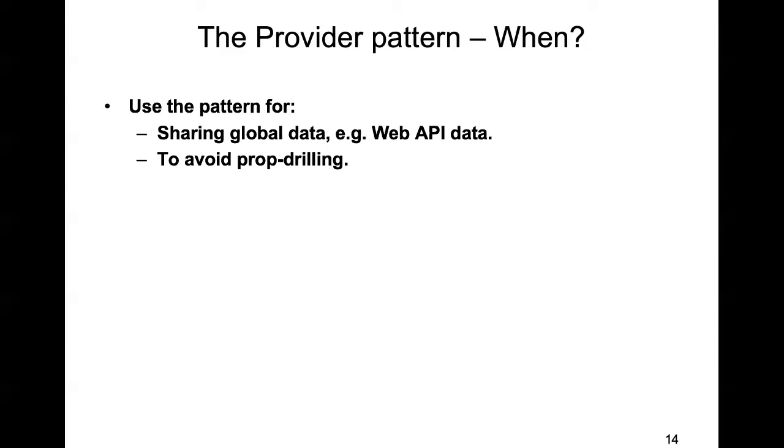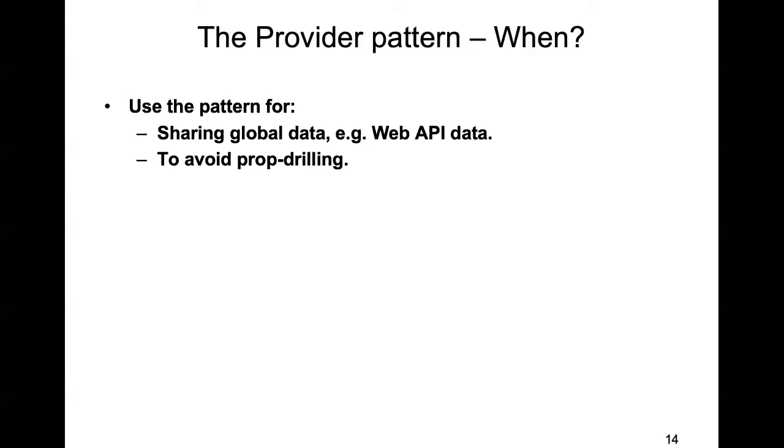A particular example of that is maybe your React app retrieves data from a web API, but there are a number of components that actually want to be able to access that web API data. Now, of course, you could pass the data via props to everybody that needs it, but that can result in something called prop drilling.